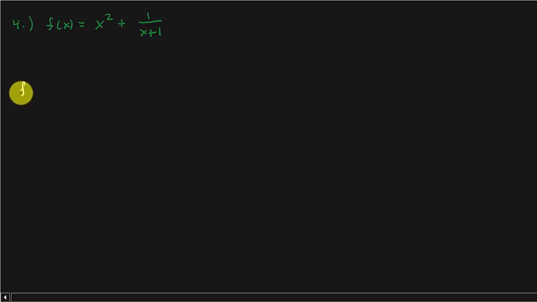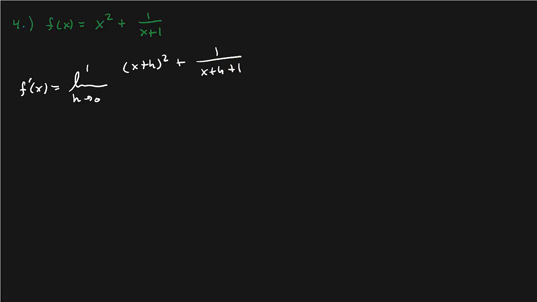So I have f prime of x is equal to the limit as h goes to 0 of x plus h squared plus 1 over x plus h plus 1. There's your f of x plus h right there.